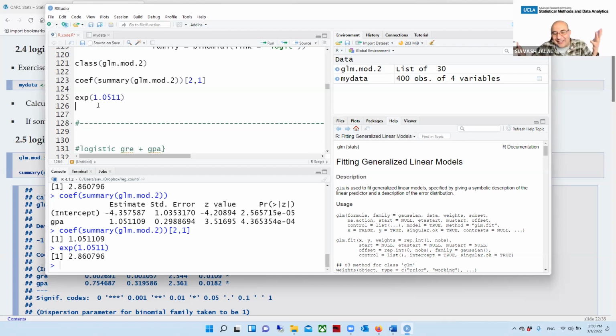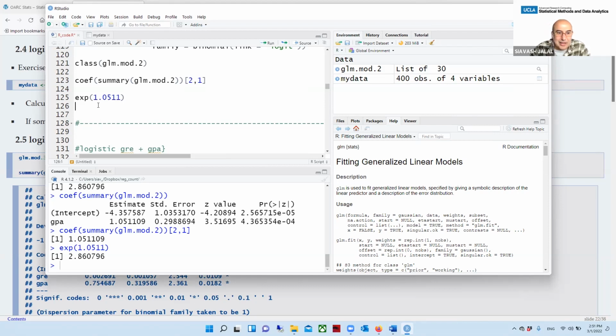It's not nice to use 186 in a paper. So instead, we can say if somebody's GPA increases by 1 unit, their odds of admission increase by a factor of 2.86. That's another way to interpret the result. So they increase by this factor, multiplied by this, right? So you can use that also, on average, right?